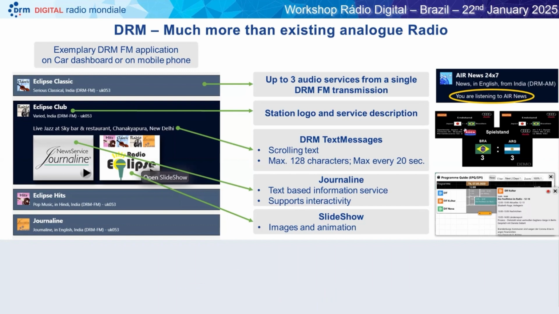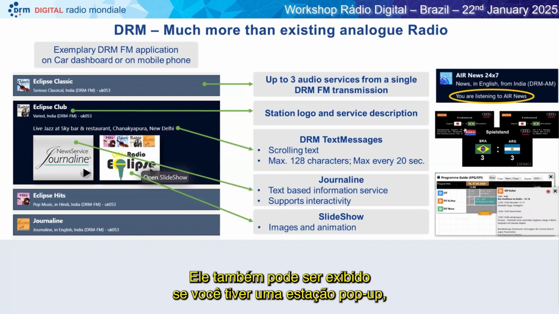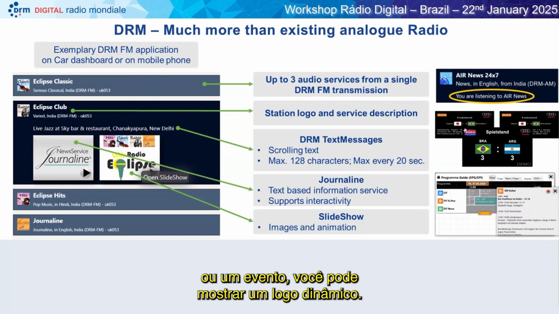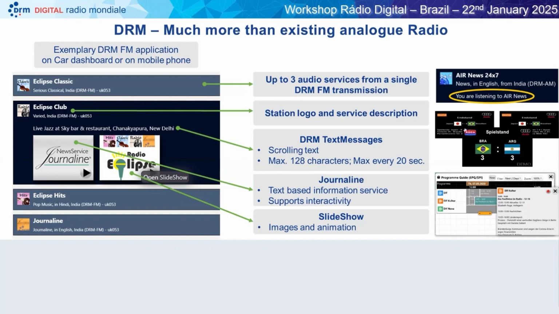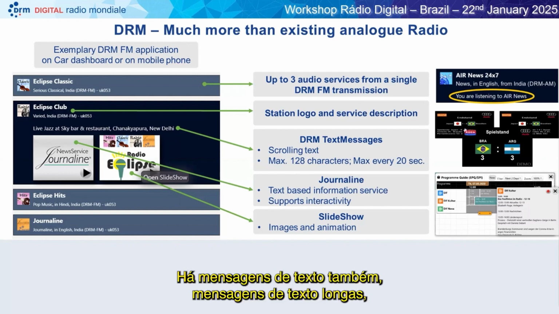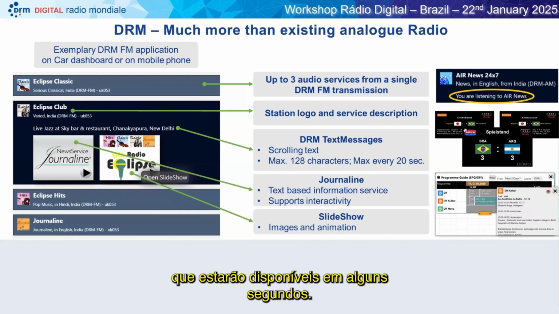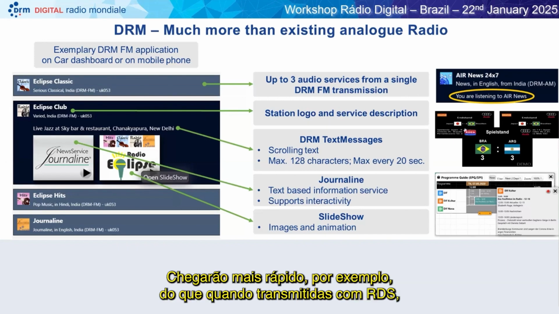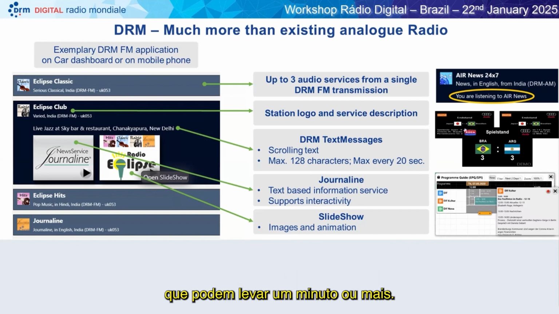So if a logo changes, it can also immediately be shown. If you have a pop-up station or an event, you can show a dynamic logo. Then you've got text messages, also those long text messages, they will be there after some seconds. They won't take as long as, for example, if they have to be transmitted with RDS, that can take sometimes a minute or more.